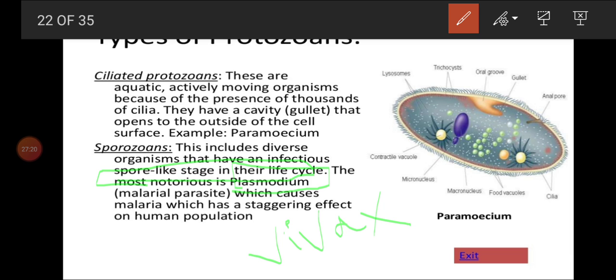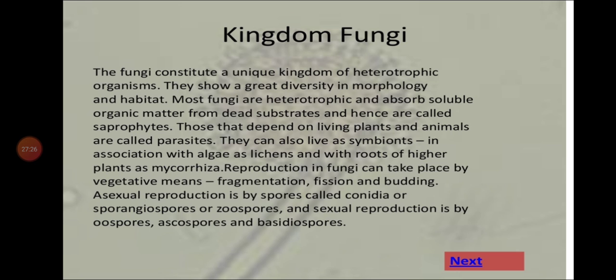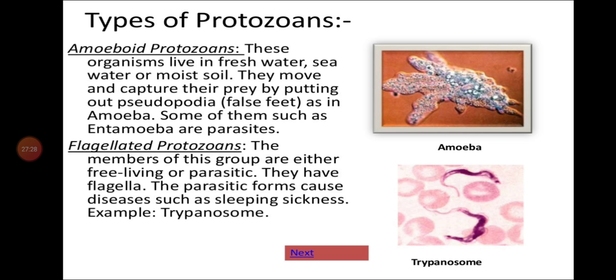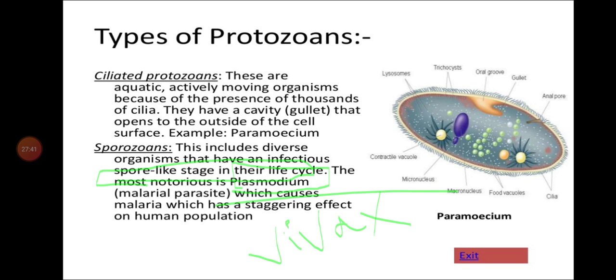Second, we learned about flagellated protozoan, trypanosoma, sleeping sickness, which is spread by the tsetse fly. Third, ciliated protozoan, for example paramecium. And sporozoan: it is called so because the spore, the intermediate stage of its life cycle, causes disease in human beings.